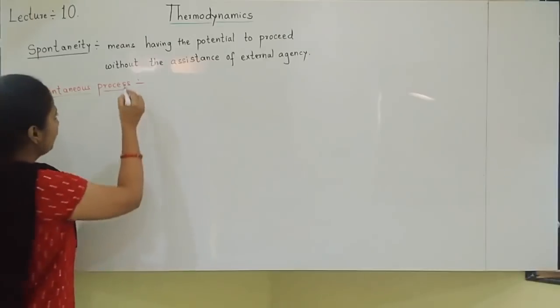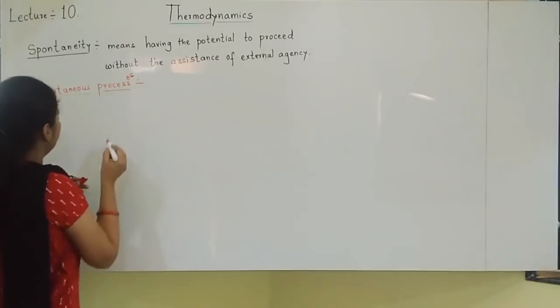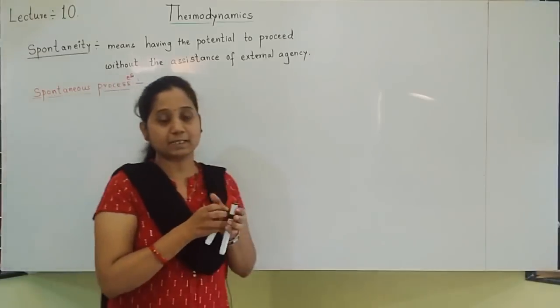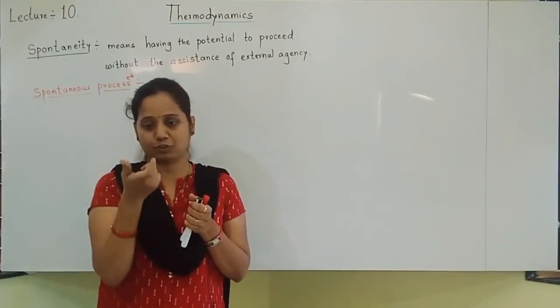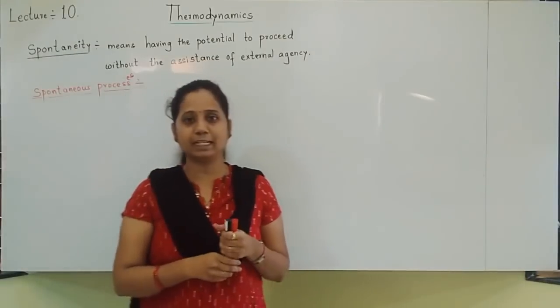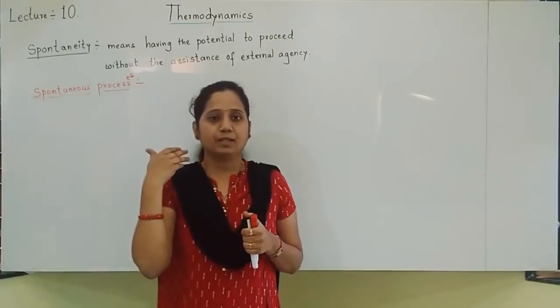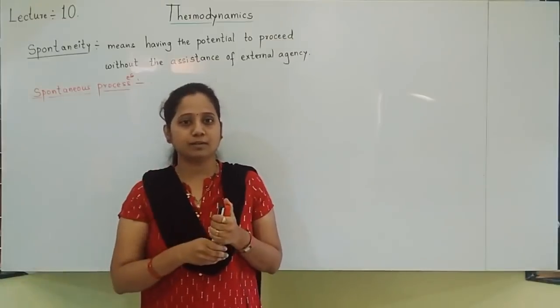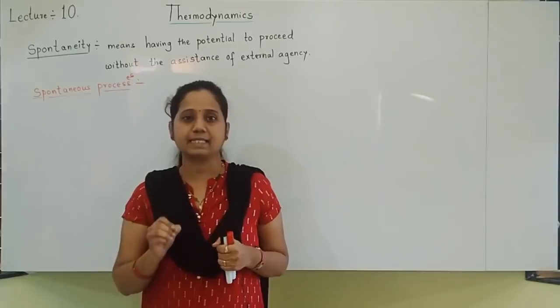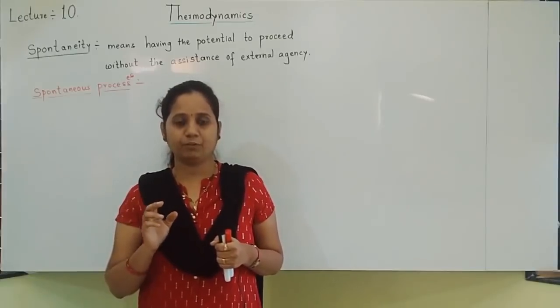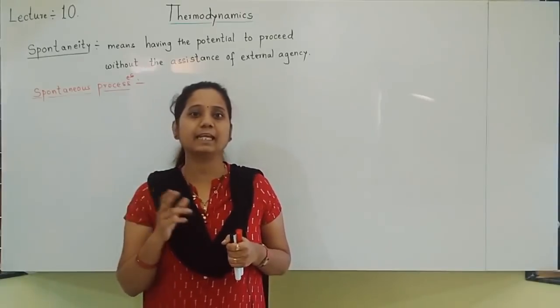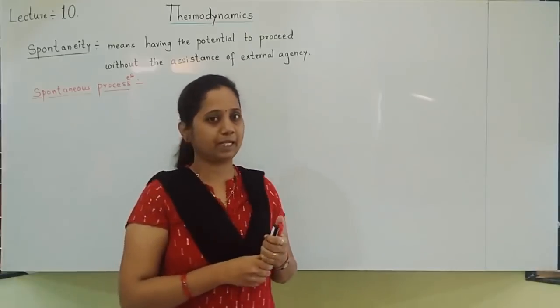The processes are of two types, spontaneous and non-spontaneous, based on spontaneity of the reaction. What is the meaning of spontaneity? To proceed without assistance of external agency, without taking assistance, without taking help. That is called spontaneity.